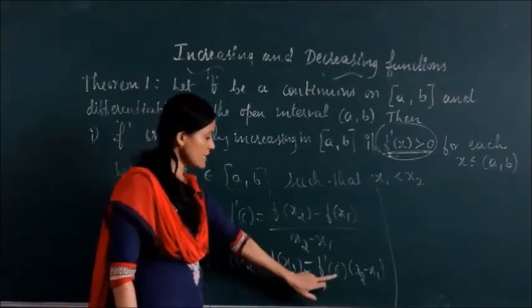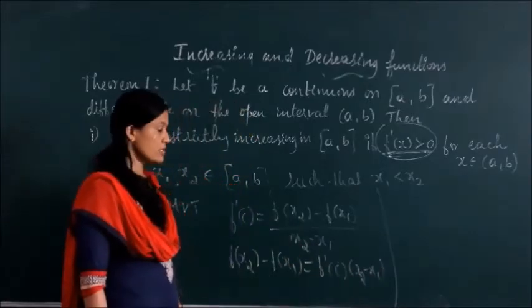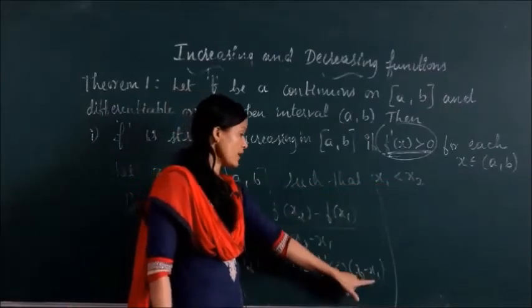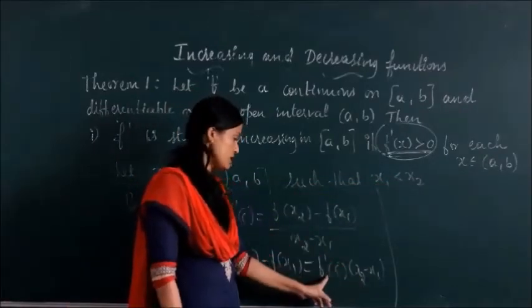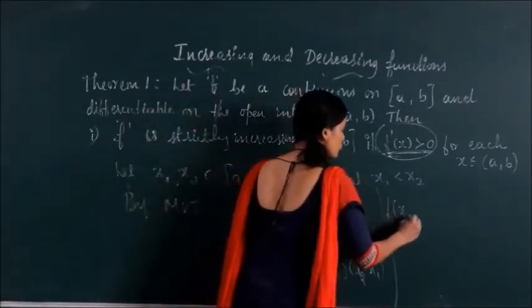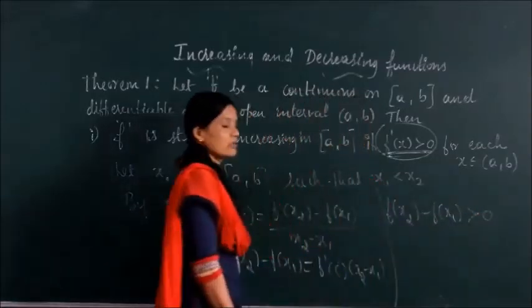Since f dash of c is greater than 0, this quantity also comes out to be greater than 0, because x1 is less than x2. So x2 minus x1 is also a positive quantity. Hence f of x2 minus f of x1 is greater than 0.